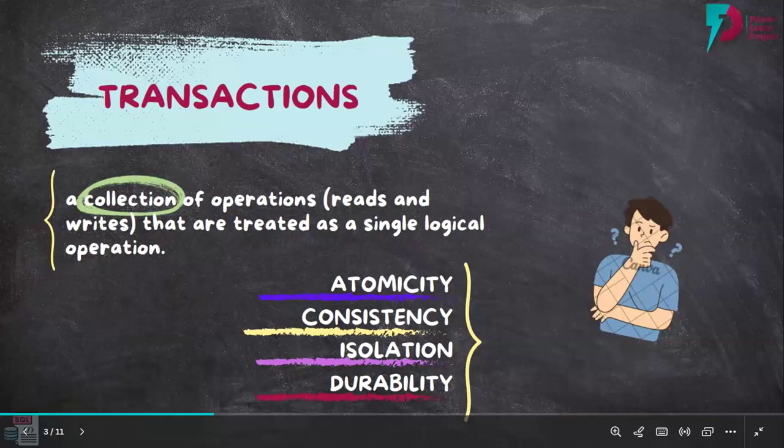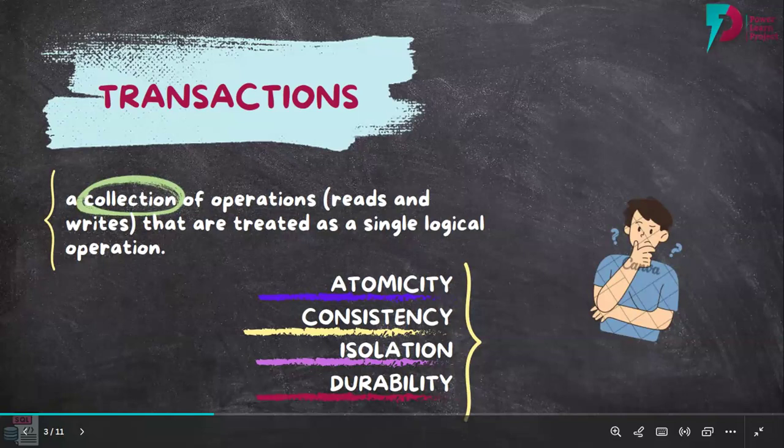So, what are some of the importance of why the transaction should be there? Please write this down. Number one, to ensure data consistency and integrity throughout the transactional process. Okay, I'll repeat. To ensure data consistency and integrity throughout the transaction process.